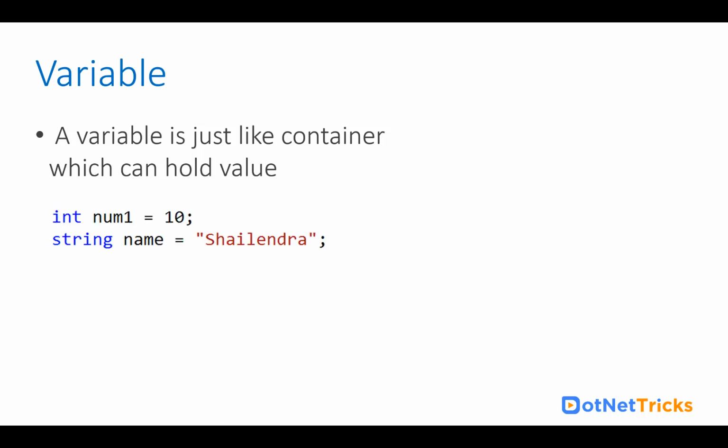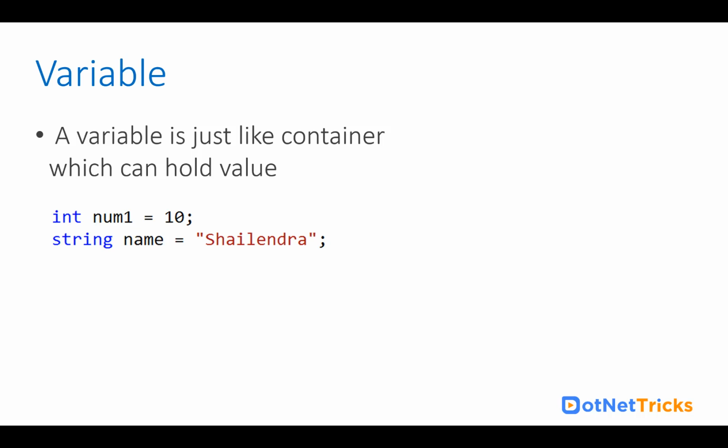As an example, I am creating two variables. Num1 is of type integer, so it can store only integer type values, and the second one is of string type. So this name variable can hold only string type values. The name might be Shailendra, it might be Deepak, it might be Mohan.